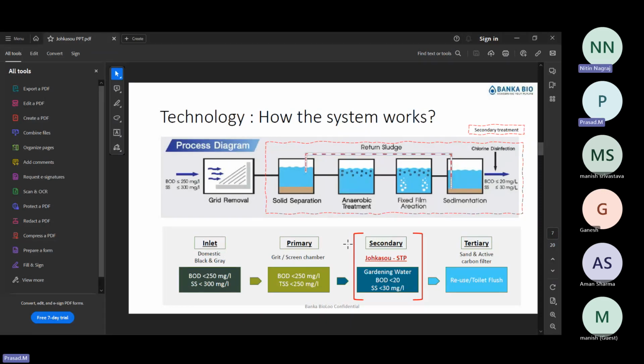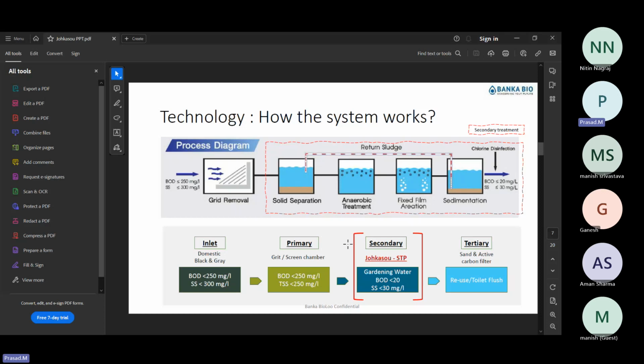Why not for an underground tank? Because in an underground tank it goes by gravity, so no pump is needed. We give the collection tank only because of pumping. Actually, we don't want to give a collection tank, because we unnecessarily increase the cost of the structure, as well as the pump and electricity.